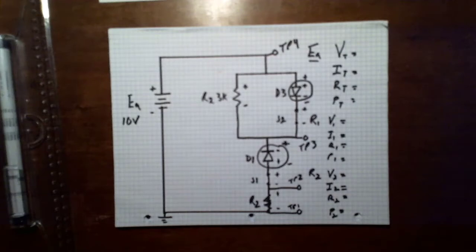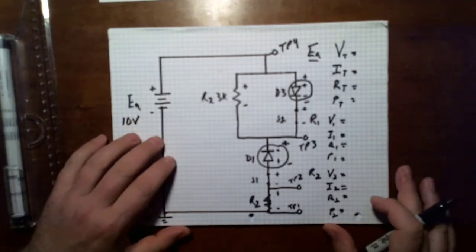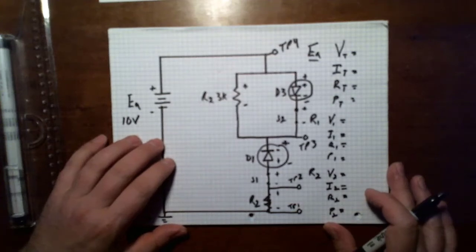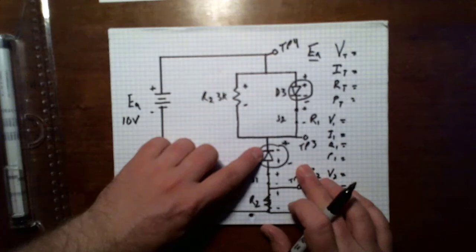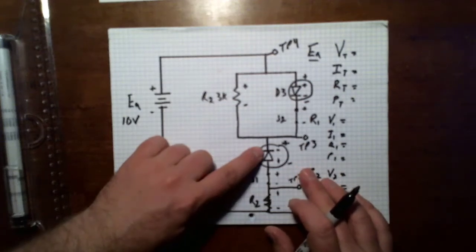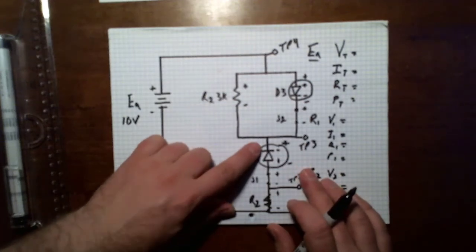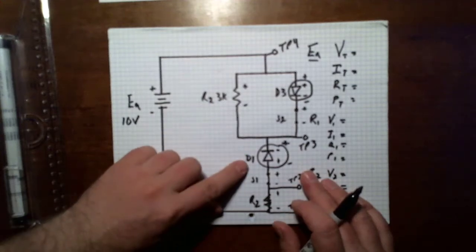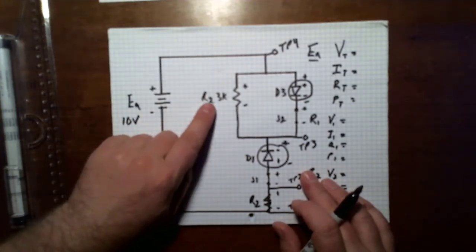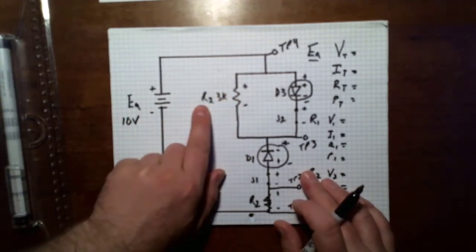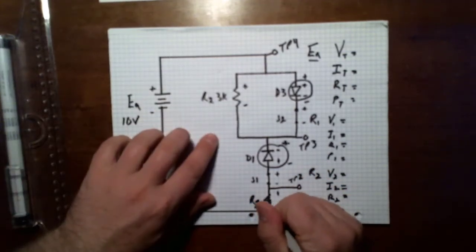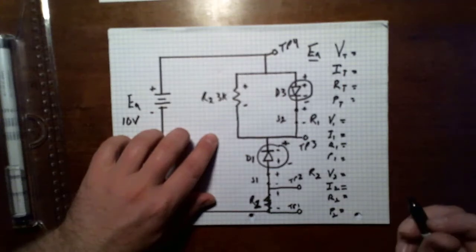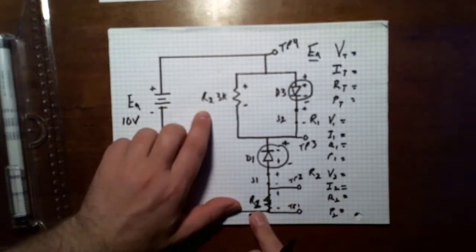I could find voltages at any one of those points, but I'm not going to do that. We'll do a quick run around on that. So I said that this was open. So right away we know that this is the only voltage drop in this. There's no current at R2, there's no current at R1 to even look at.